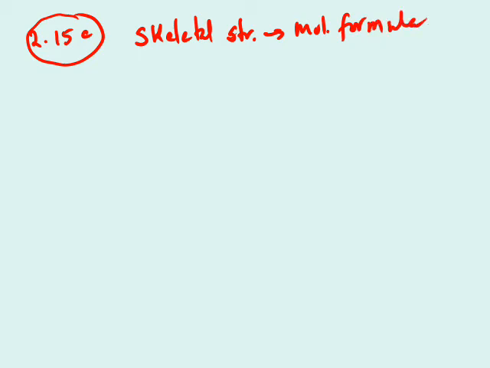So let's do this problem, and let me first draw this. You have a 6-membered ring and then a 5-membered ring. You have a nitrogen. So let's draw it.